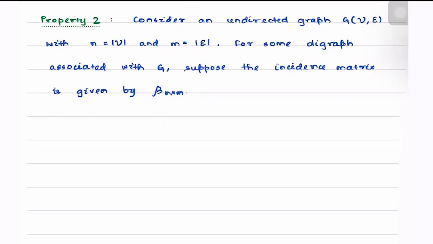So this is what is given to us, an undirected graph G and some directed version associated with the same undirected graph G. Now, for that directed graph that we have, we can write up an incidence matrix. And that incidence matrix we denote as B.